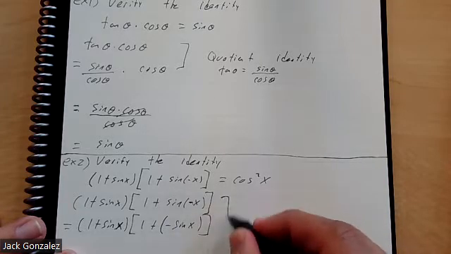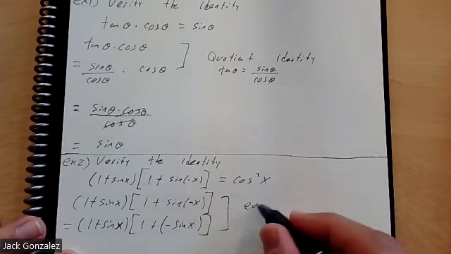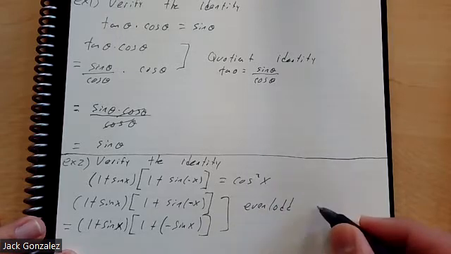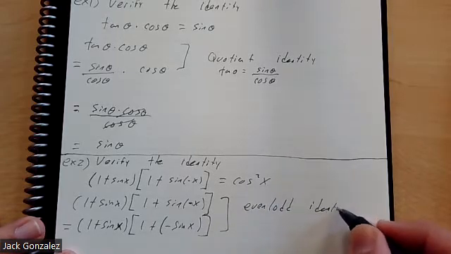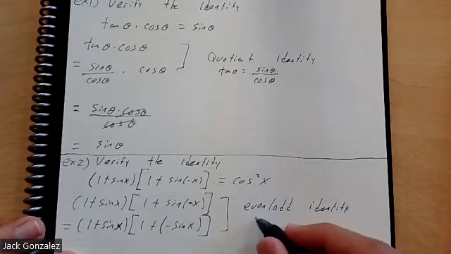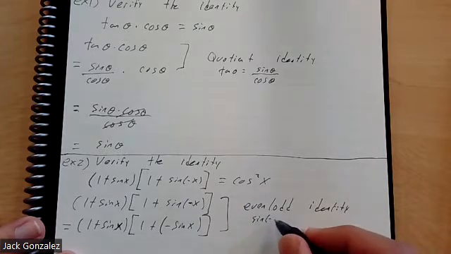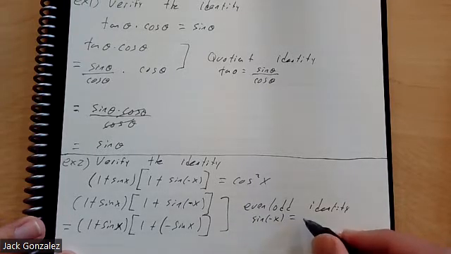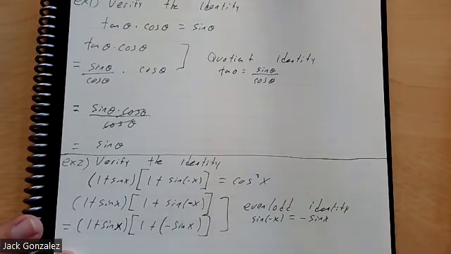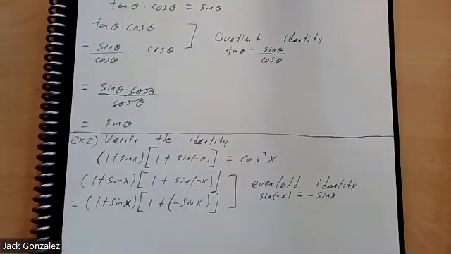So from here to here, use even odd property or identity. Because sine of negative x is equal to negative sine x. You guys okay with this so far? We're just trying something and see what happens. Okay.